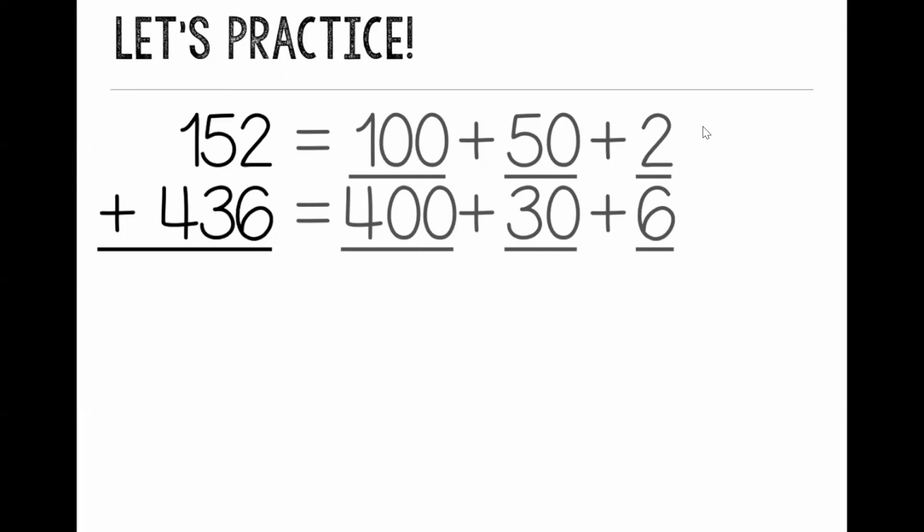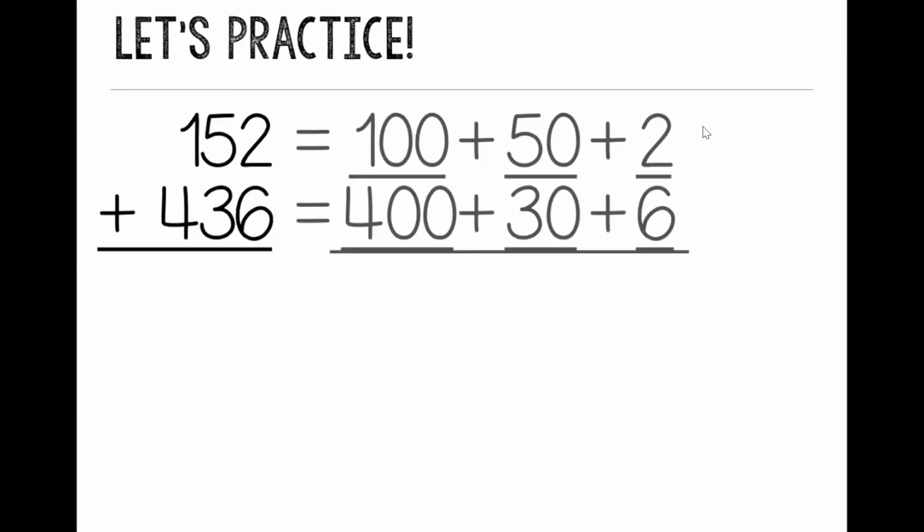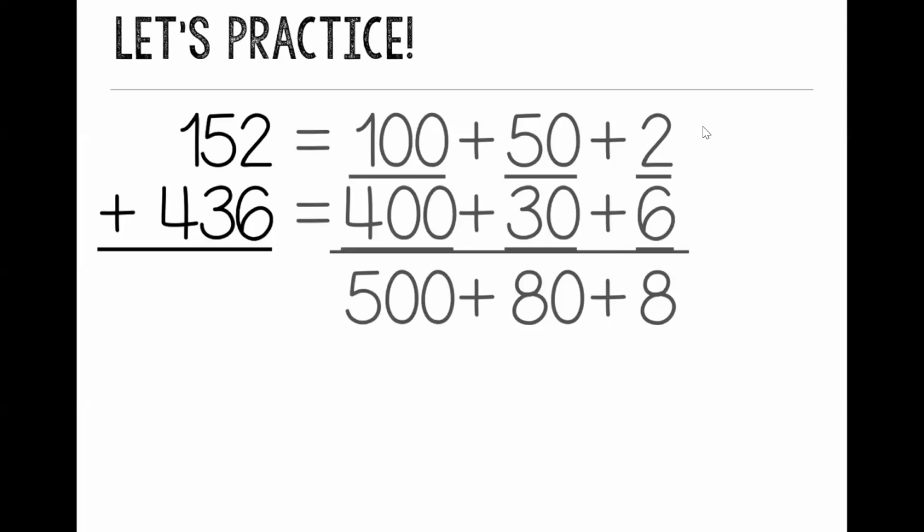Now I want to add each place value. So I'm going to start with my ones place, the 2 and the 6. And I add 2 plus 6 equals 8. Then I'm going to add my tens. 50 plus 30 equals 80. Then I add my hundreds. 100 plus 400 equals 500.